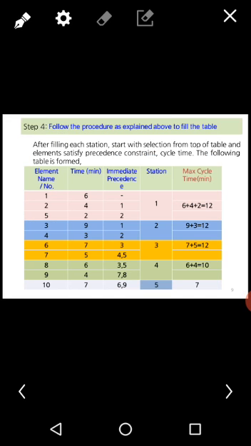After finding each station, start selecting from top to bottom the elements that satisfy precedence constraints and cycle time. So the following table is formed.